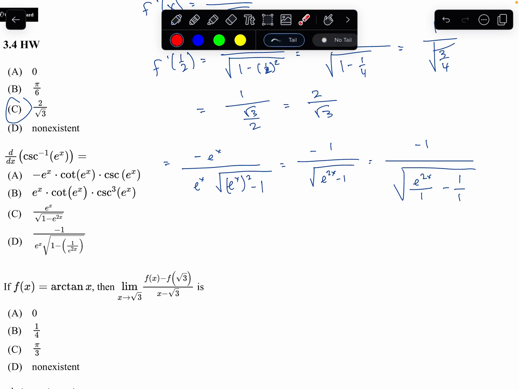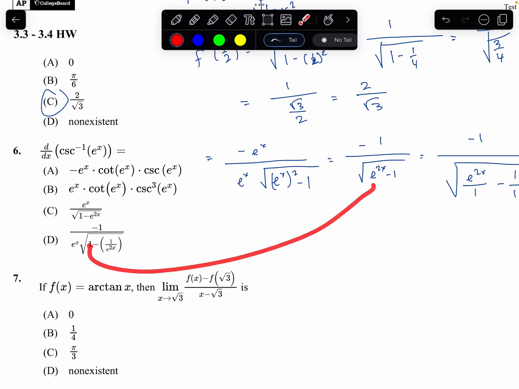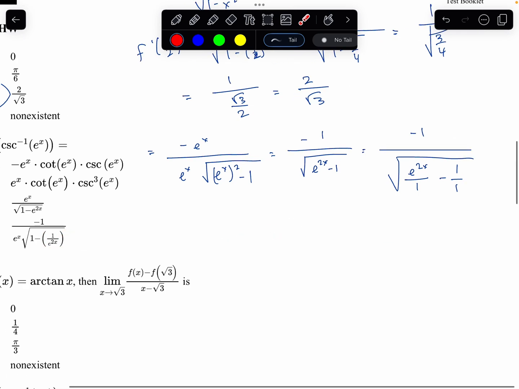Because you notice here how it's 1 right here. So how am I going to get 1 if e to the 2x is the first term here? So if I divide this by e to the 2x, I'd also have to divide that by e to the 2x, which is how you get that right there, if that makes sense.